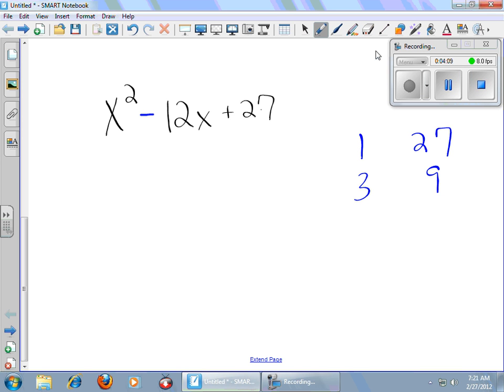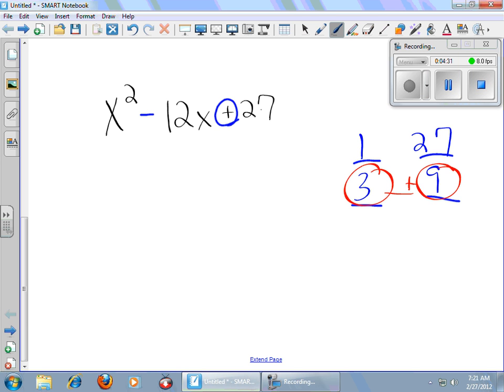All right, this third term is positive again. So I'm going to be adding. I need to add 2 of these numbers, either 1 and 27 or 3 and 9, to get 12. Well, I think you realize that 3 plus 9 is 12. Now, it's not going to factor as x plus 3, x plus 9.